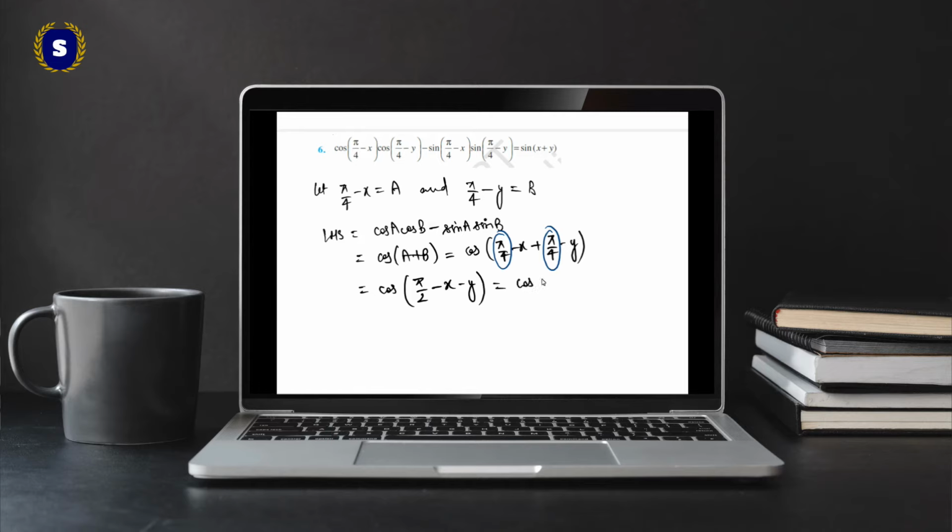Taking minus sign common, we will get pi by 2 minus x plus y. So we know that cos pi by 2 minus theta is equal to sin theta. So this will become sin x plus y, which is equal to RHS. Hence proved.